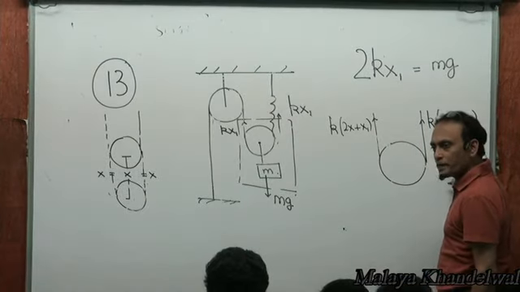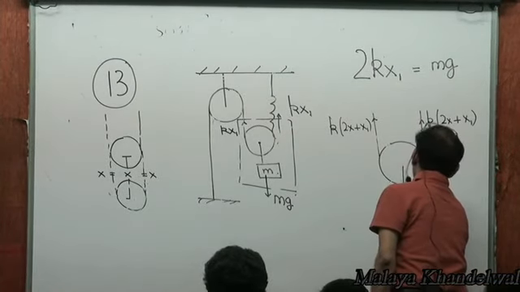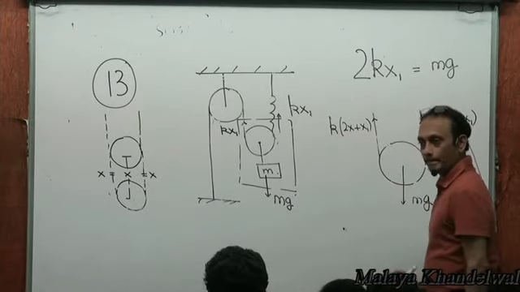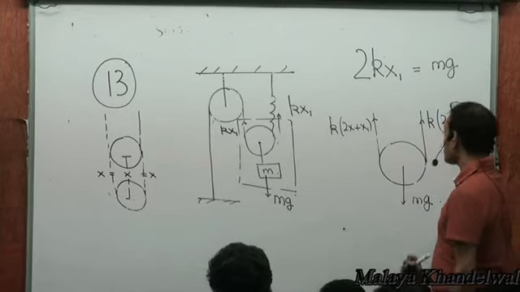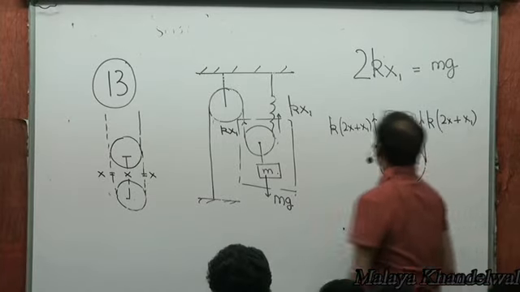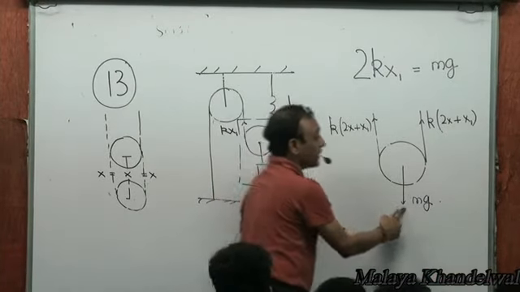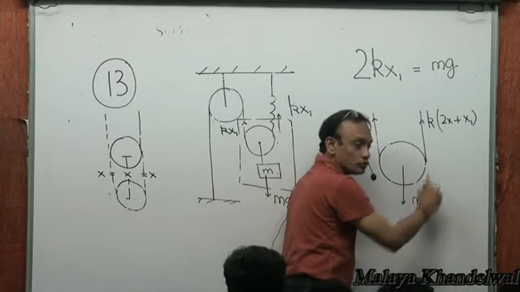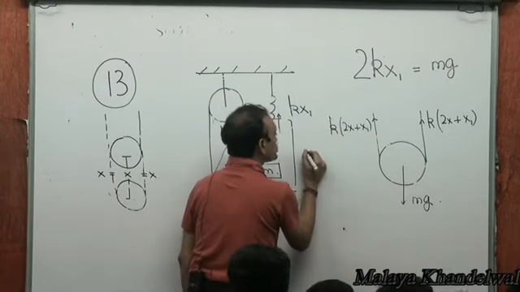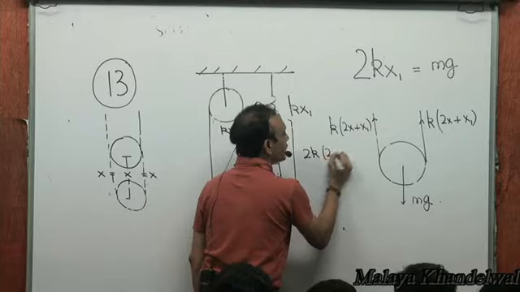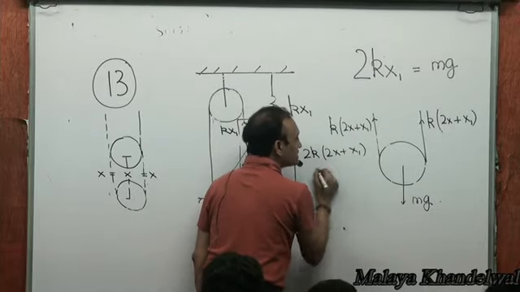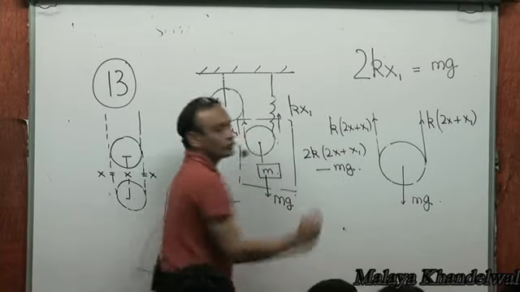That's the force owing to the spring. Then there is gravity downwards, right? Yes or no? The net force upwards minus mg, right? Net force would be this minus mg. That means 2k into (2x plus x1) minus mg is the net upward force.